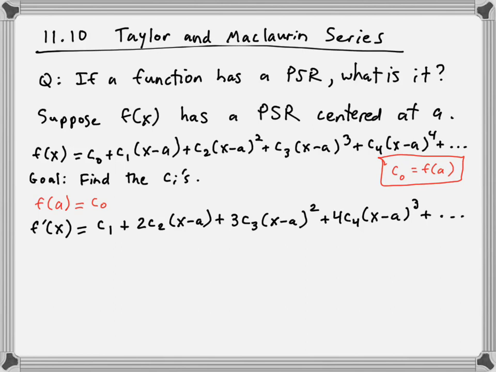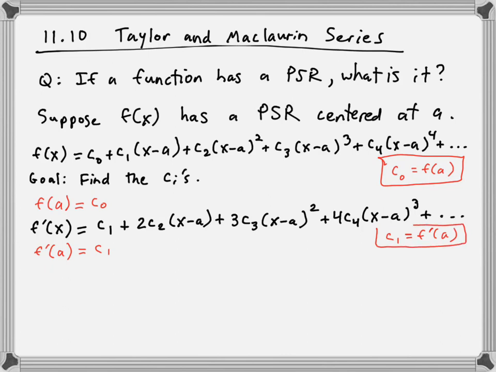Now that we've made everything go down by one degree, we can find c1 by plugging in x equals a again, except now we're plugging it into the derivative. So what is f prime of a equal to? When you plug in x equals a, everything goes away and you're just left with c1. So c1 is equal to f prime of a.